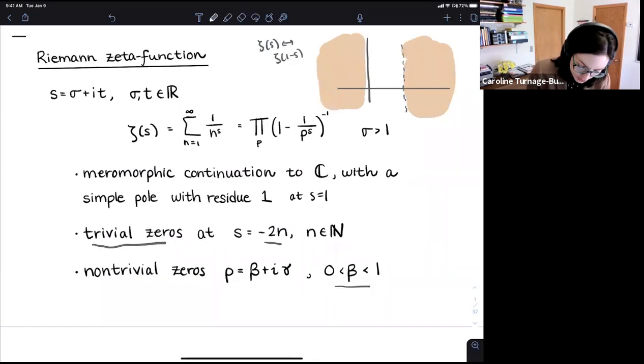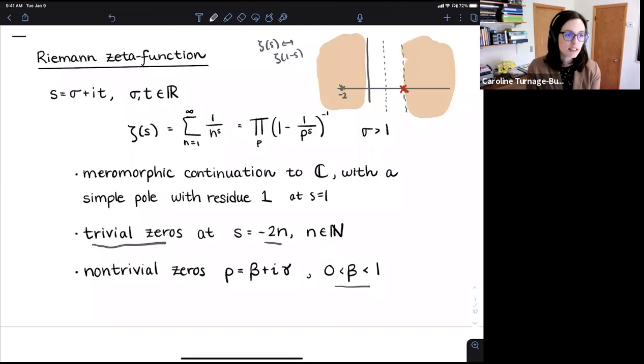We have trivial zeros at the negative even integers. We have one problematic place at s equal to 1, that's the pole. And then we're interested in the non-trivial zeros that are in the critical strip.